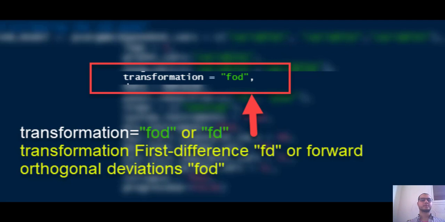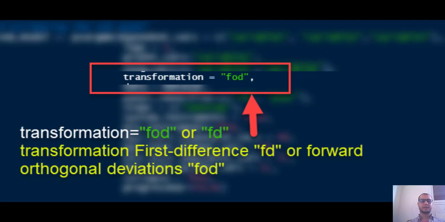If you want to choose first difference, just type FD for first difference, or forward orthogonal deviations, type FOD. If you want to use instruments for the orthogonal deviation equation, choose FOD.